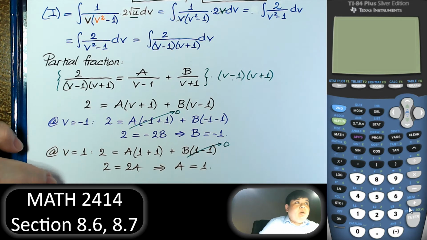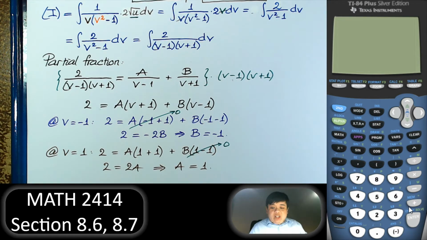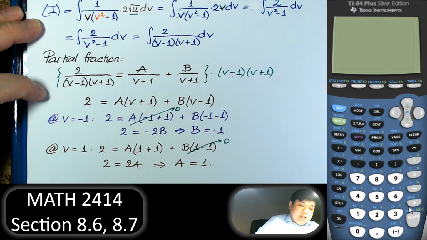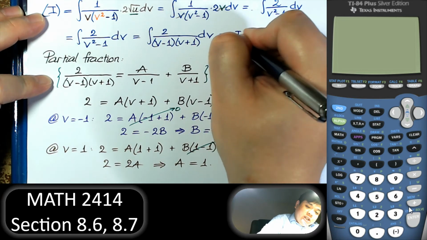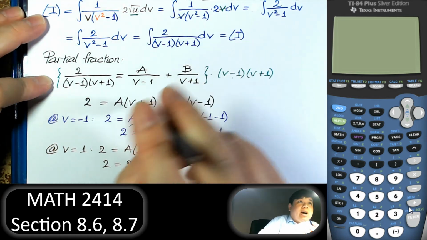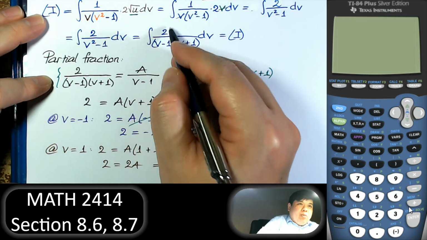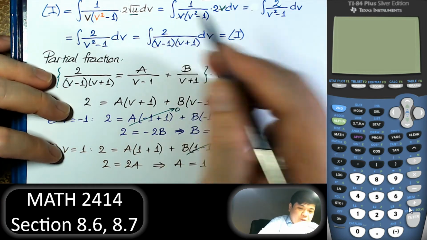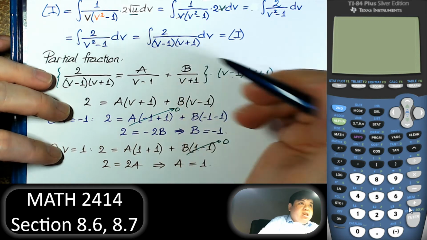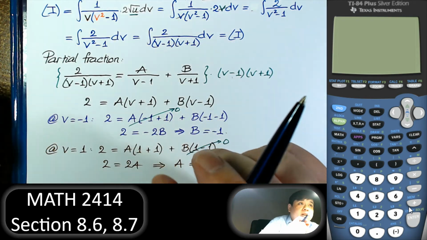So when we have a simple partial fraction, we're just going to do it like this. We don't have to use the RREF in the calculator. Bottom line is we'll continue on this integral. And that's also why we keep the 2 inside, because if we have 1 here, that's still the same. We just do partial fraction. So the constant there doesn't really do much.